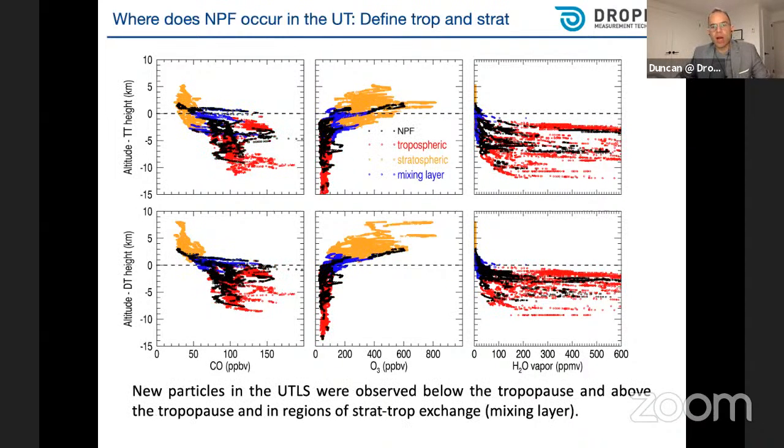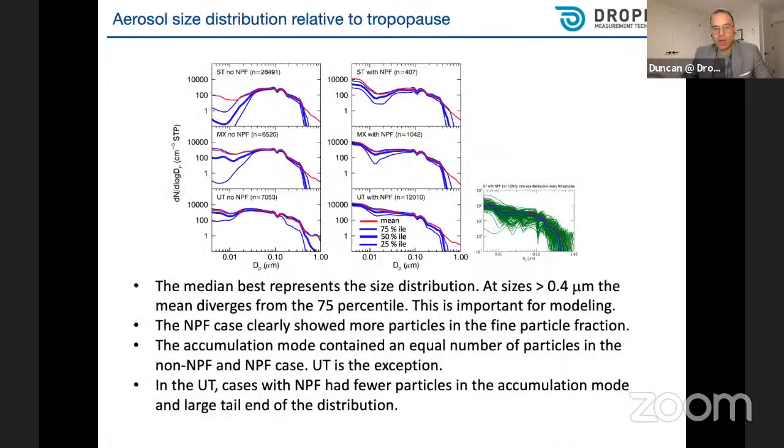When we look at particle formation, where it occurs, these black data points are the data points with particle formation. We see that particle formation is mostly confined to the troposphere, but also the mixing layer and sometimes into the stratosphere. So now we ask the question, where does it really occur?